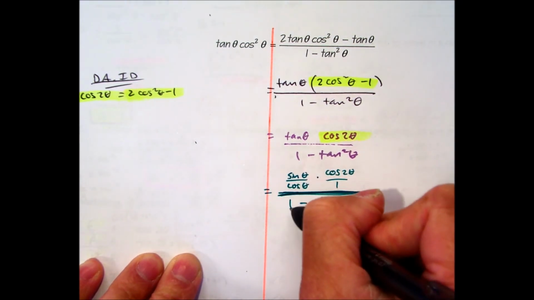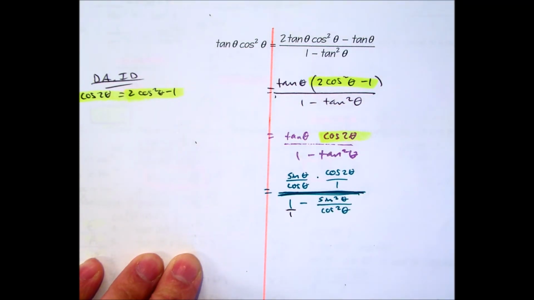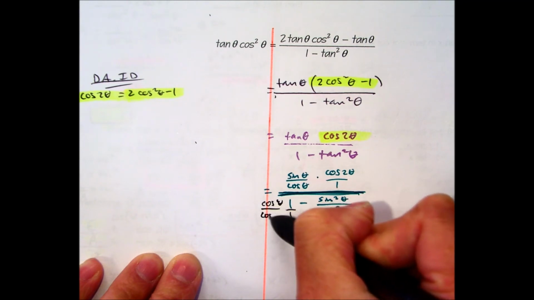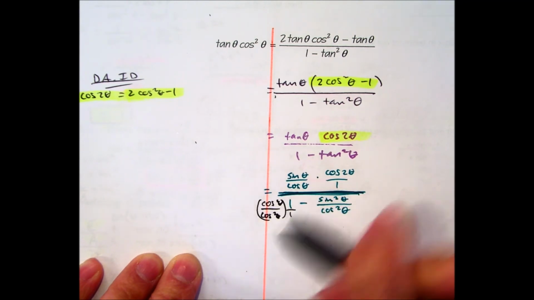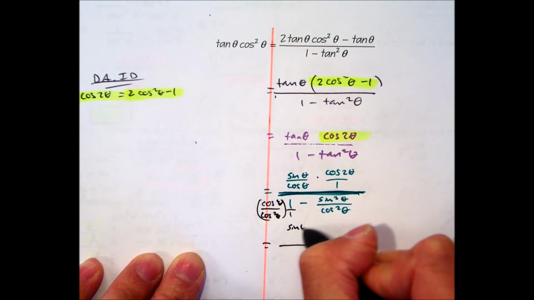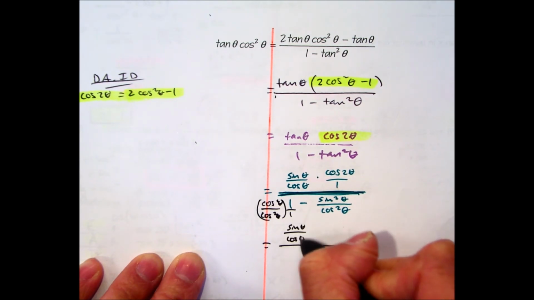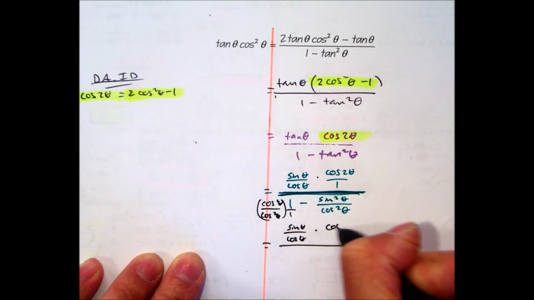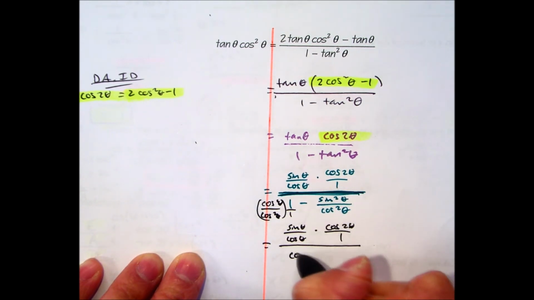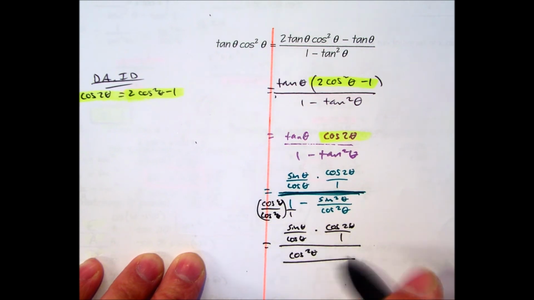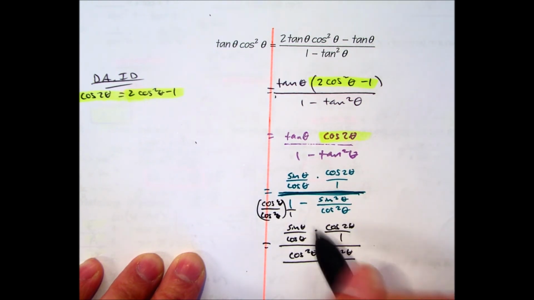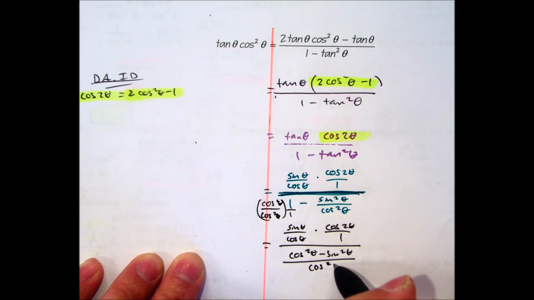So I'm going to make this one a fraction by putting it 1 over 1, and then I'm going to multiply by cosine squared theta on both of those. So now my new fraction is going to look like sine theta cosine theta times the cosine 2 theta over cosine squared theta minus sine squared theta all over cosine squared theta.